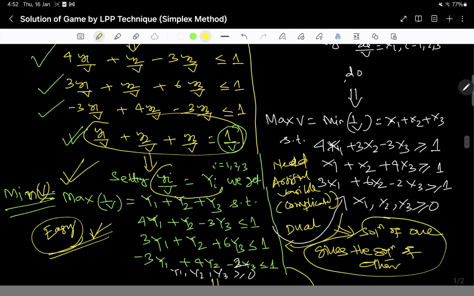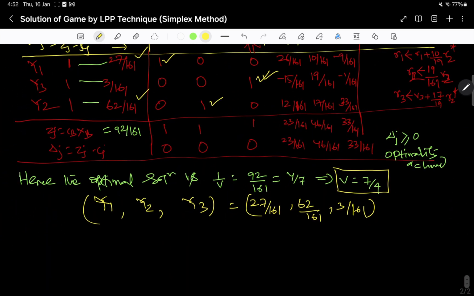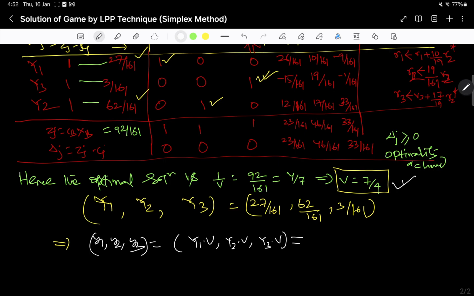You see, small yi is capital Yi into V. So this implies my real y1, y2, y3 is my Y1 into V, Y2 into V, Y3 into V. If I multiply V here, the value of V is 7 by 4, so it is 7 by 4 into 27 by 161, 62 by 161 and 3 by 161.